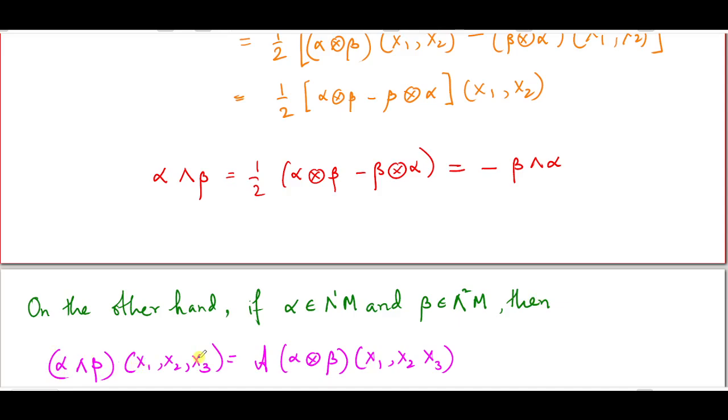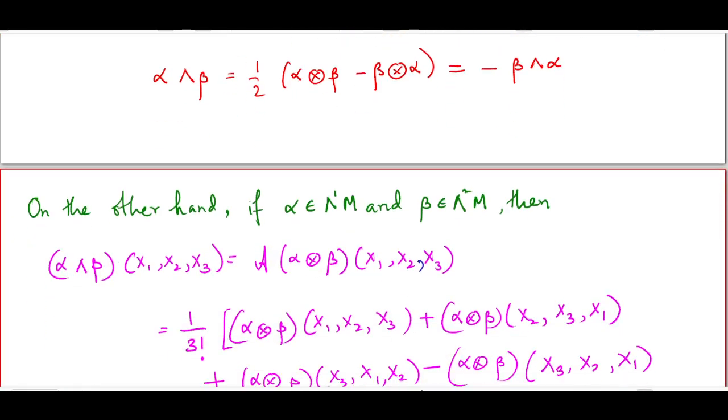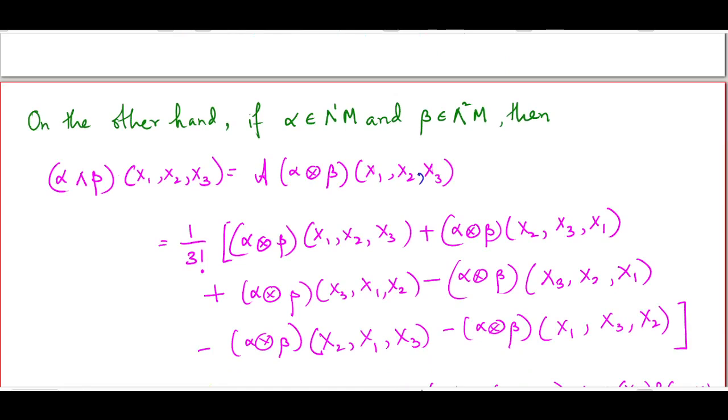Remember, alpha wedge beta should be a 3 form, so it takes 3 vector field arguments to return a function. Again, by definition, this is alpha tensor product beta with the alternator acting on it. That's alpha wedge beta, and you have given it the arguments x1, x2 and x3. Now, by definition, there is going to be a 1 over 3 factorial, 3 factorial being the number of permutations with 3 objects here.